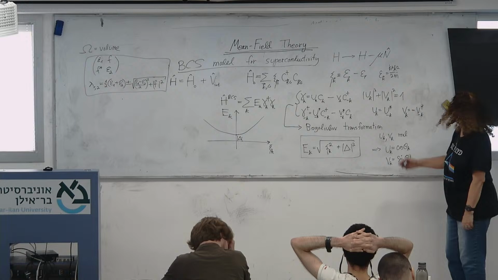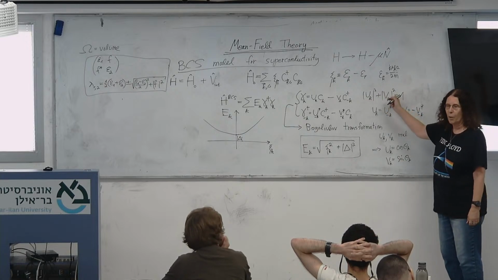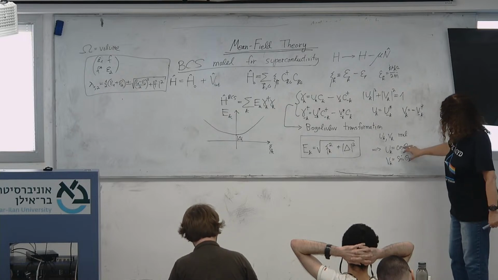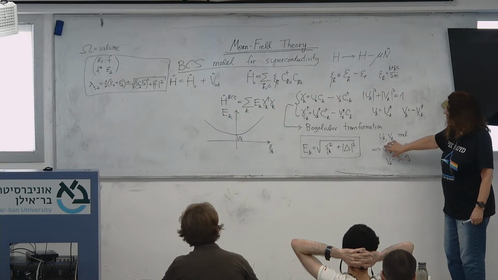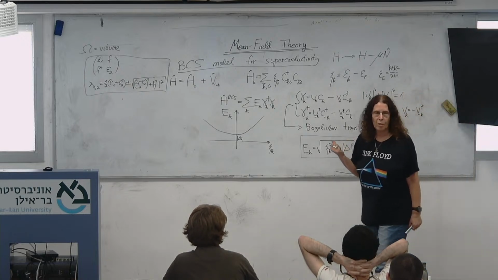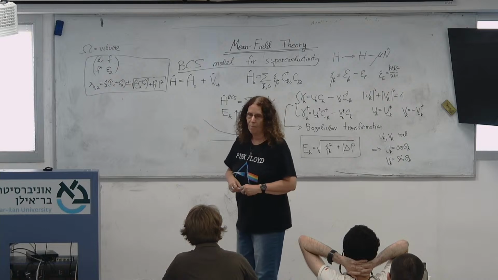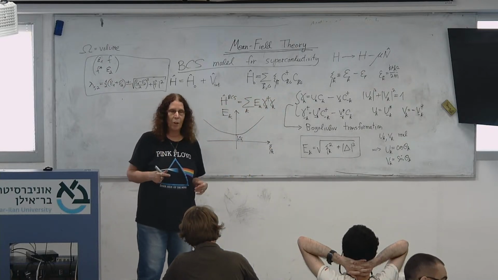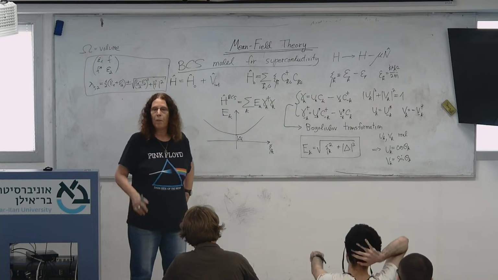Okay, and then obviously cosine squared plus sine squared is 1. But more generally, at least when one of them you can always choose real, the other one may have a relative phase, if you want to be completely general up to global phase. All right? Yes?